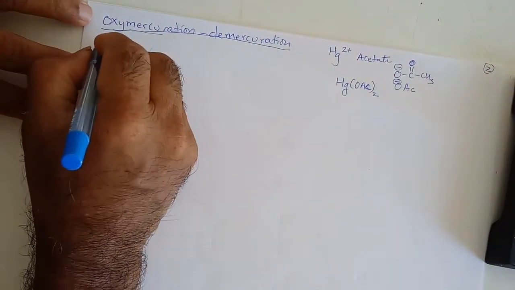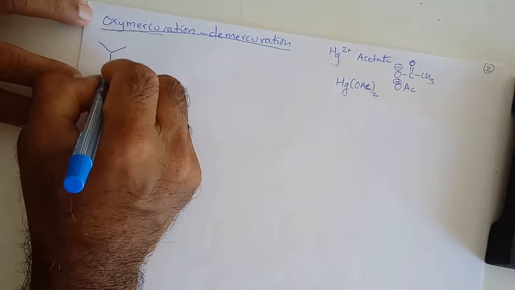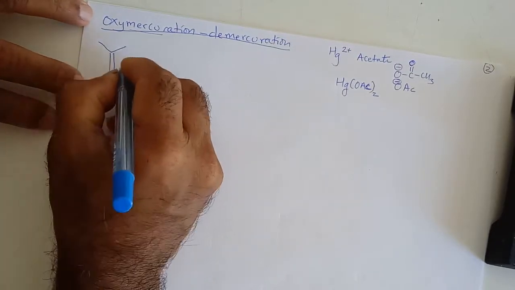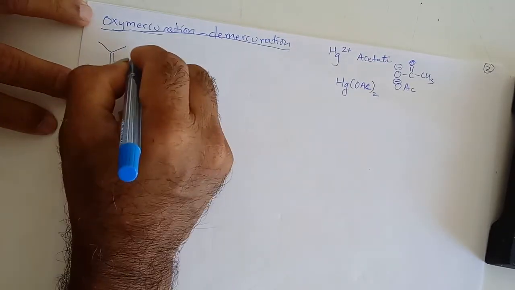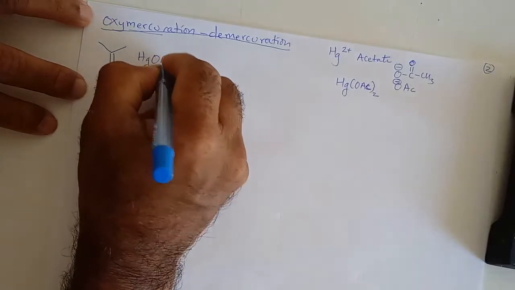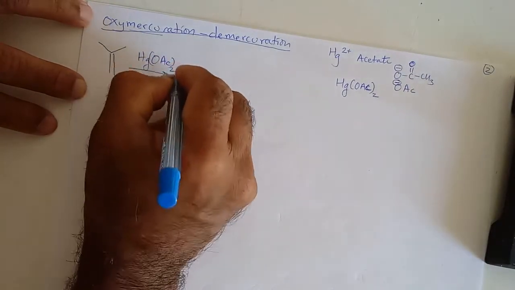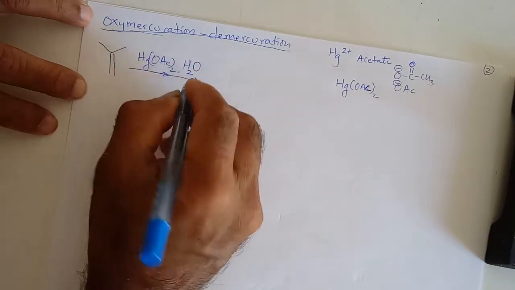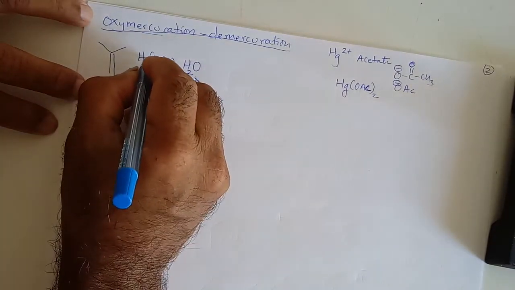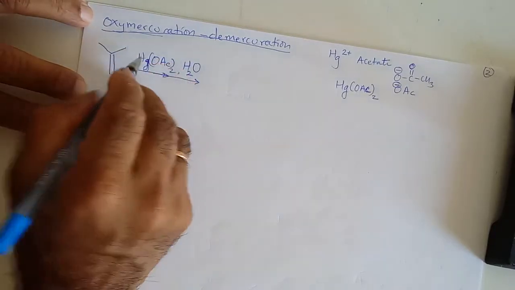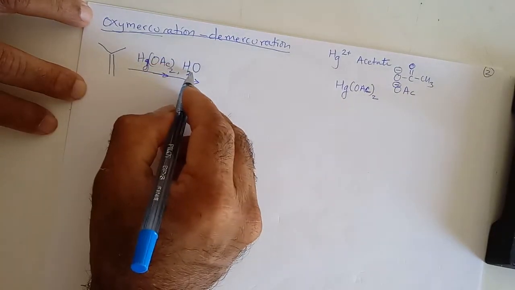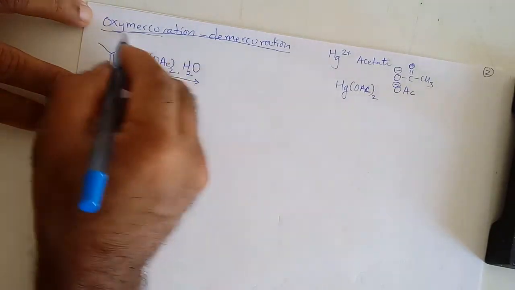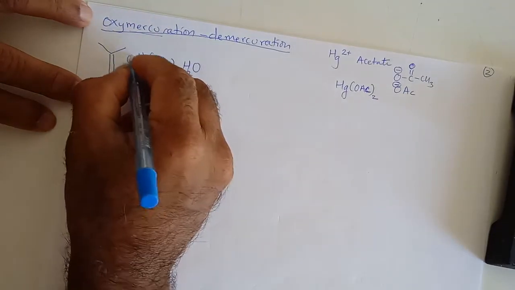So the overall reaction is this. Hg(OAc)2, comma H2O. That's our nucleophile, that's our electrophile. Interestingly, mercury is our electrophile, water is our nucleophile. Now that's the mercuration part.